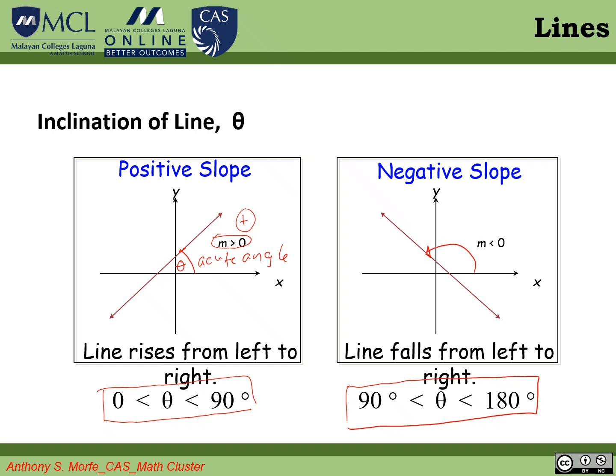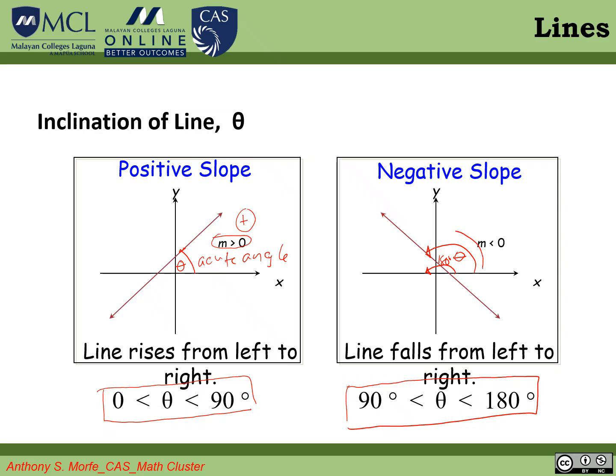This is our theta. And as you can see, from the x-axis to the other side is 180 degrees. So we can say that the angle theta is greater than 90 but less than 180.